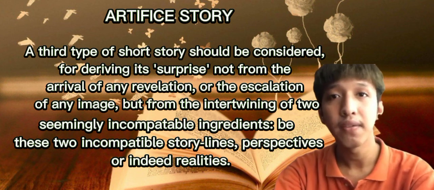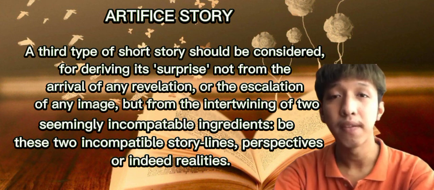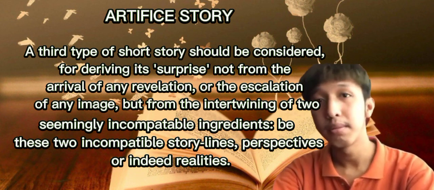An example of an artifice is the story a con artist uses to convince you to give him your money. And the second example of the short story is the short story by Charles May.